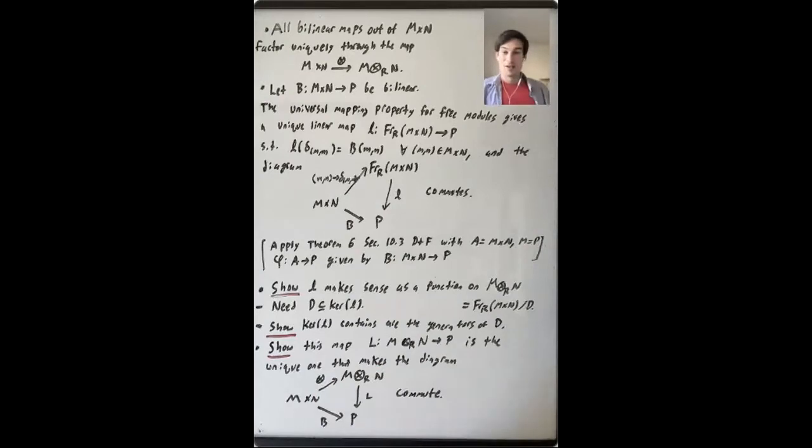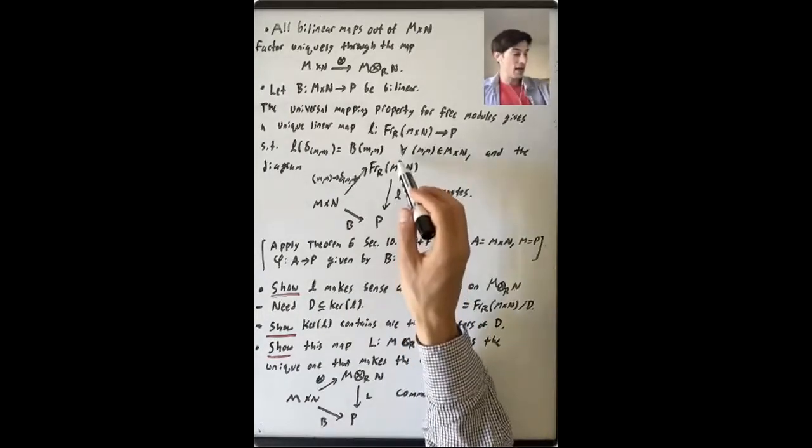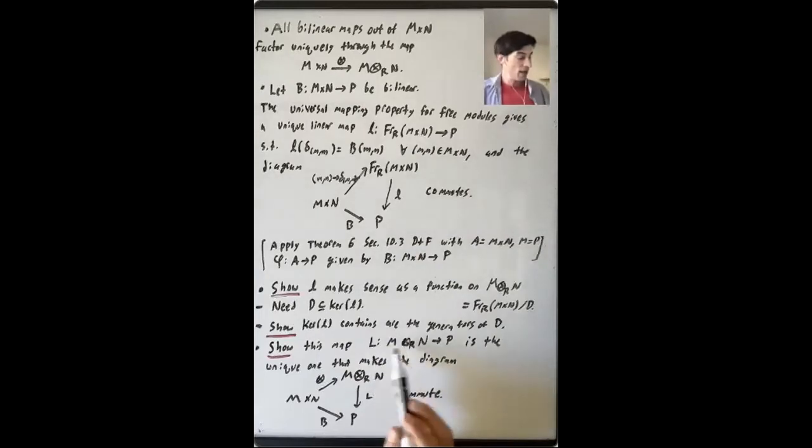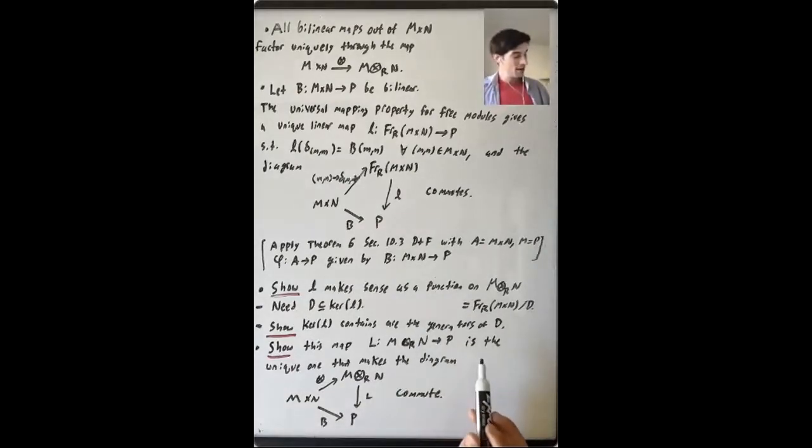All right, so once we do that, we want to show that now not only do we have this map L that goes from the free module, but we get a map capital L that goes from the tensor product down to P. And we need to show that it satisfies the definition necessary to be a tensor product, this definition 3.1, that this map L from M tensor N to P is the unique one that makes this diagram commute.